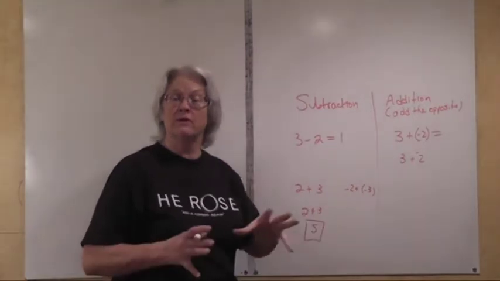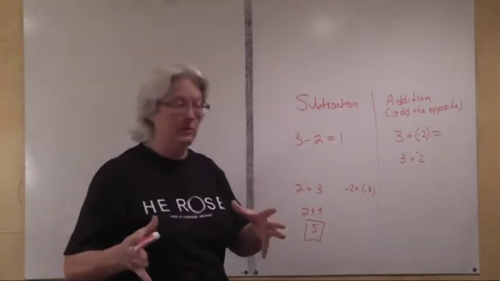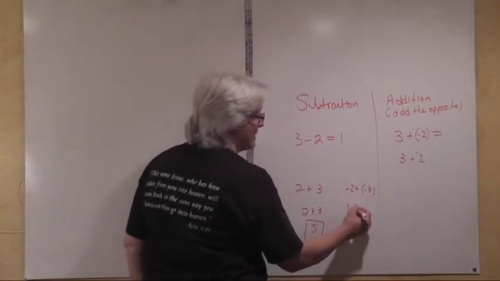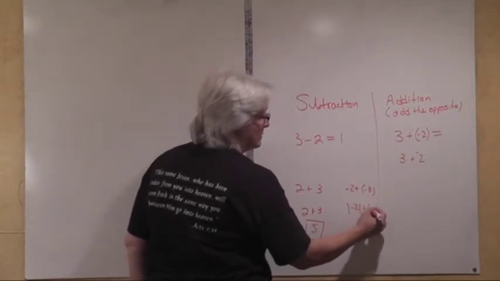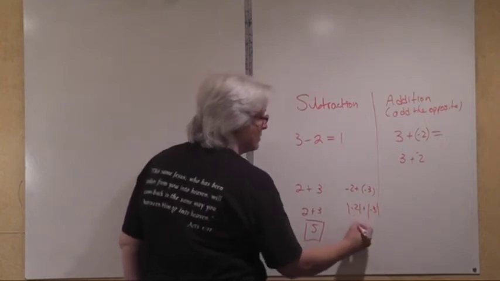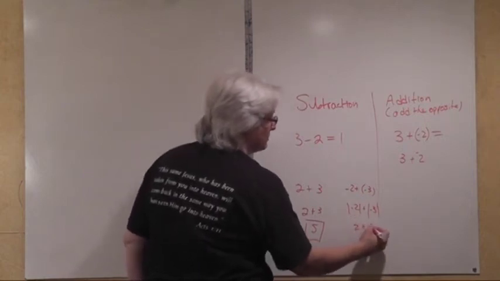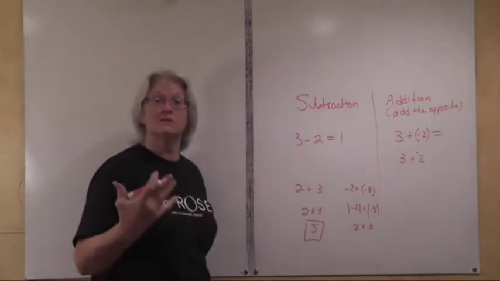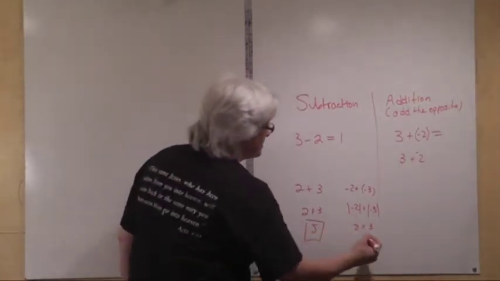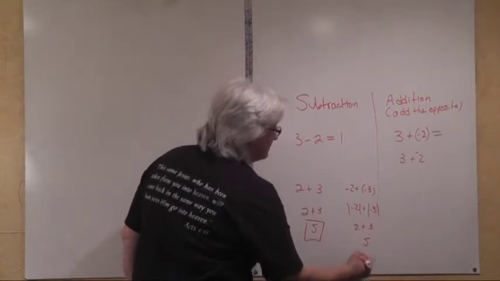And this is when our definition for adding signed numbers comes in real handy. It says, take the absolute value of those numbers. Absolute value of a number is always positive because absolute value is the distance from 0 on the number line. 2 plus 3 is equal to 5.